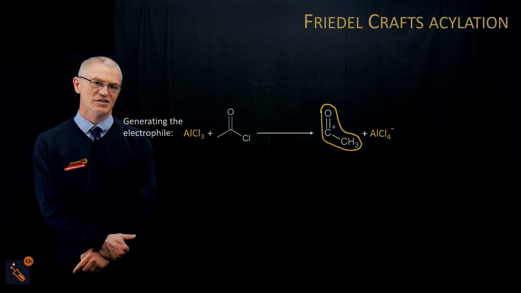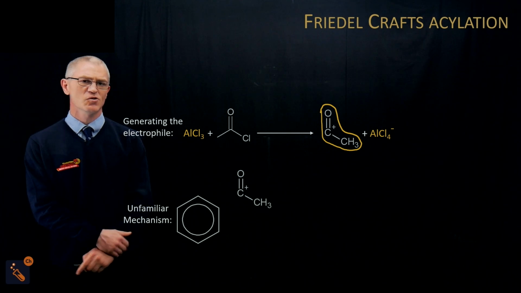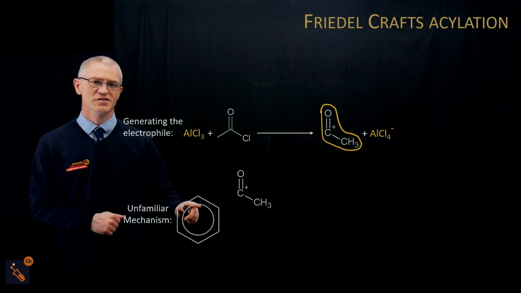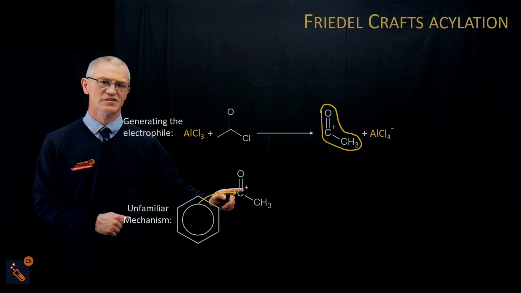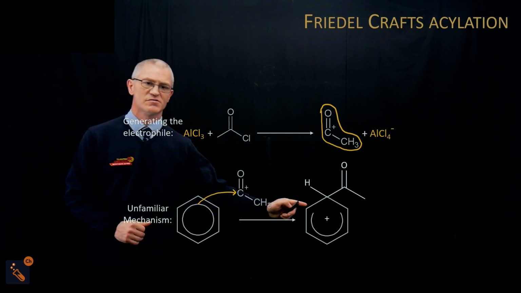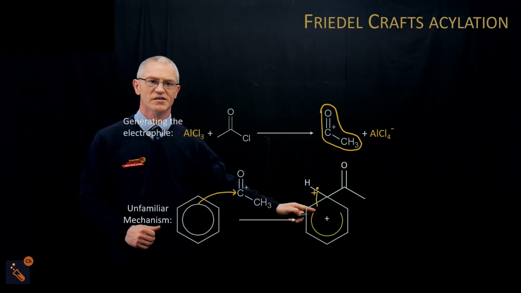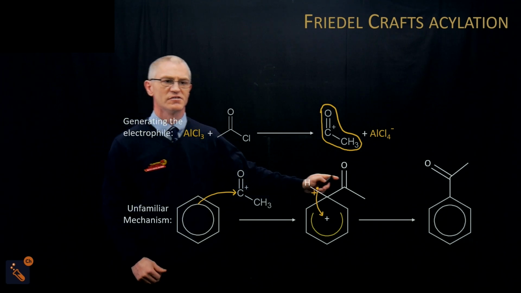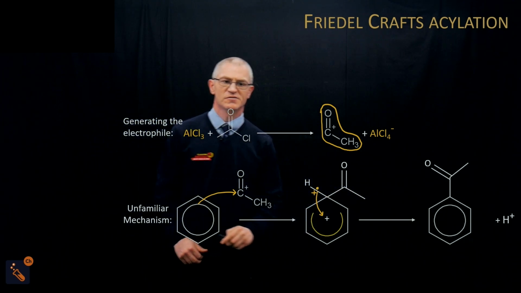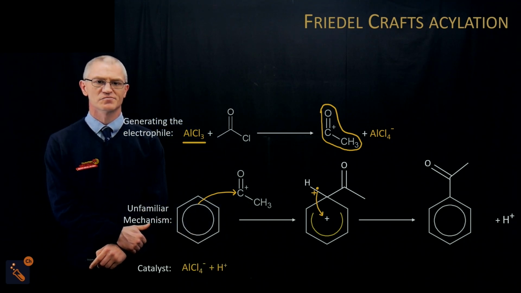But that's your electrophile. So if we put this in here, again, all we need to do is take the electrons from there to the atom with the positive charge. We then draw a smiley face, take the electrons back in again. This then creates our product and our H+. And then we can also do our catalyst again.